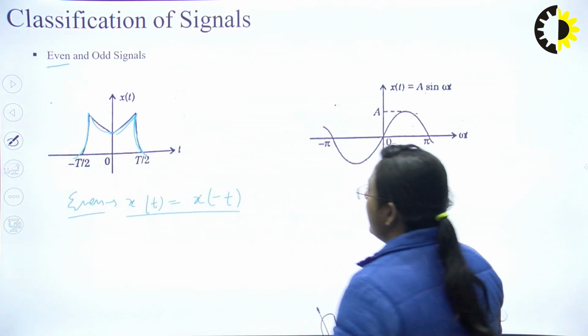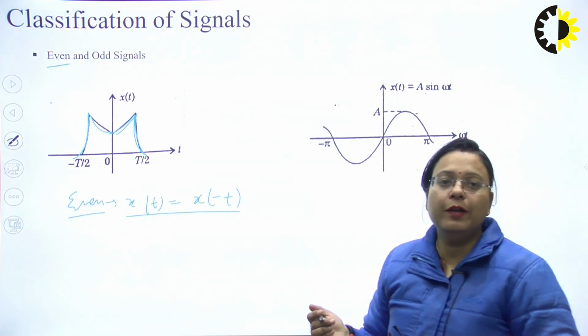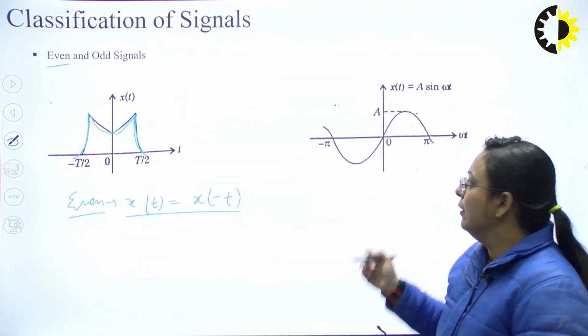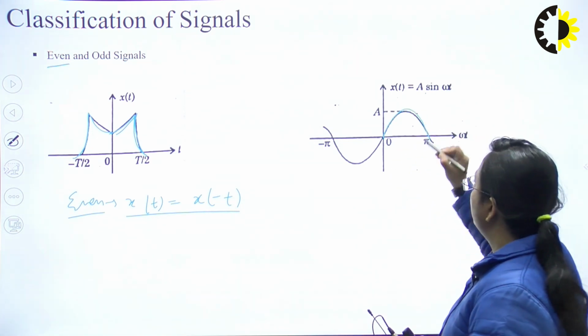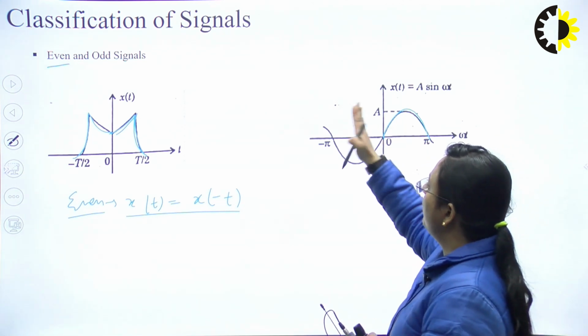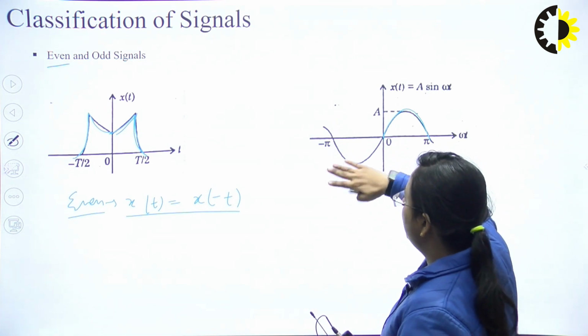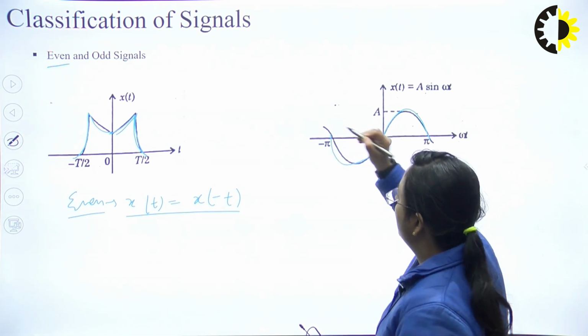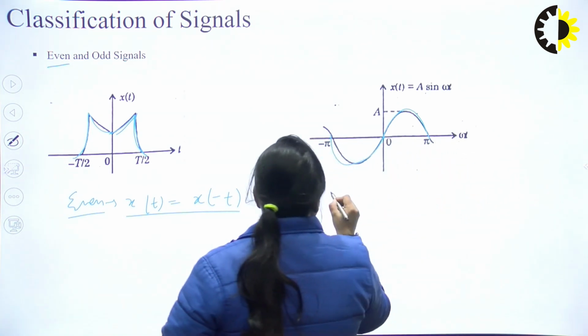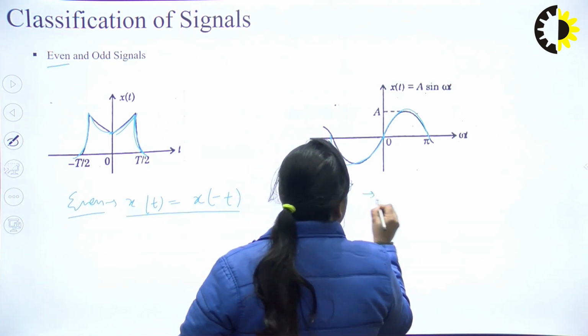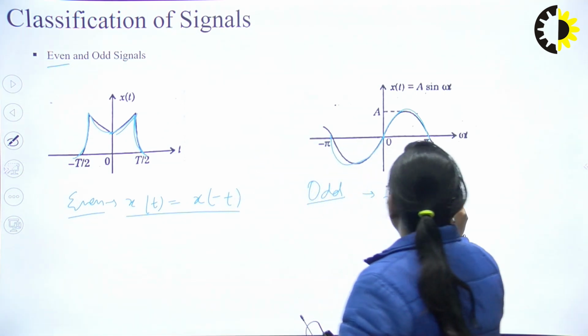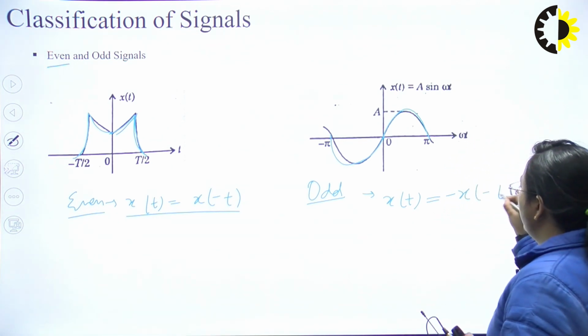And odd signals are anti-symmetrical to its time reverse counterpart. That means if signal xt is available in the first quadrant, then its reverse counterpart is this symmetrical, and anti-symmetrical is this. ठीक? So this is first quadrant का third term. And mathematically I can write for the odd signal, xt can be written as minus of x of minus t.